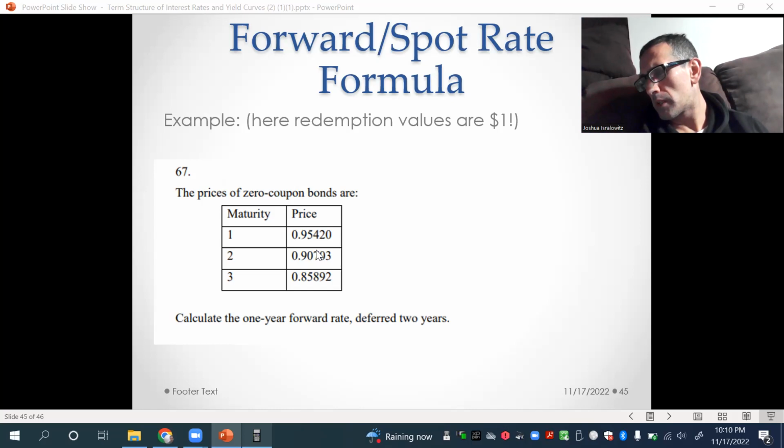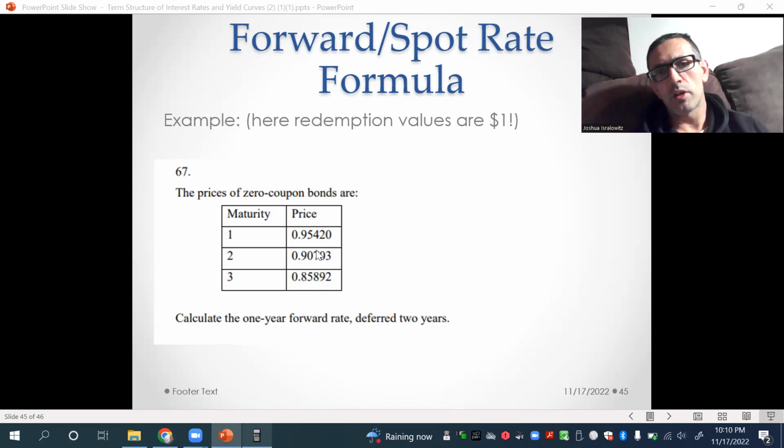This might be a little confusing. Deferred 2 years means we're starting at t equals 2, so it's 2 to 3. Deferred 1 year would be 1 to 2. Not deferred would be 0 to 1. So in that regard, it makes sense.